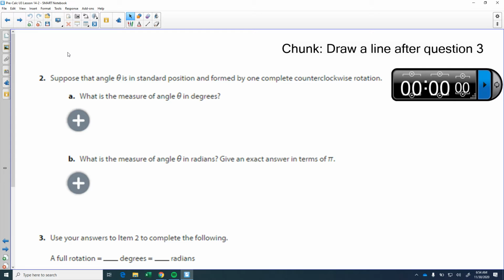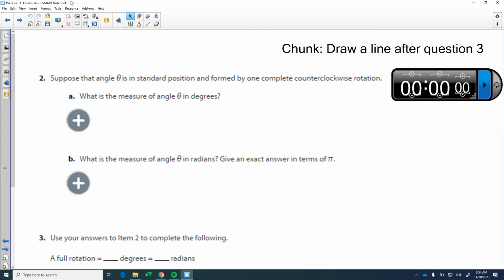It's easier to make things look better when you're not dealing with very large degrees. For example, 4 pi as one answer seems a lot better than 720 degrees, especially when you're trying to multiply, divide, add, and do all those things together. So that's one of the concepts to understand. The reason we use radians is because using them with math is a lot easier. It's a better simplifying tool.